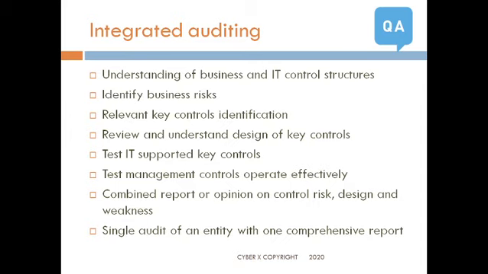They need to be identified, properly documented and understood. Once that is done, the key control identifications need to be done. Once the controls are identified to address those business risks, a review and understanding of the design of the key controls needs to be done.